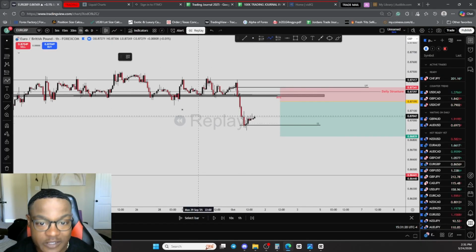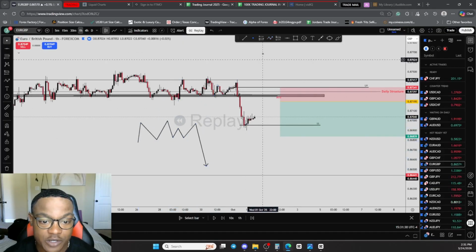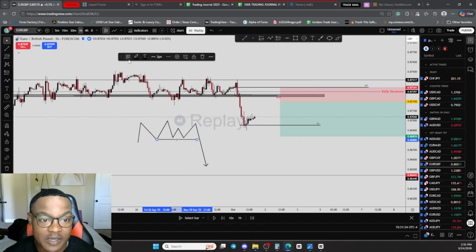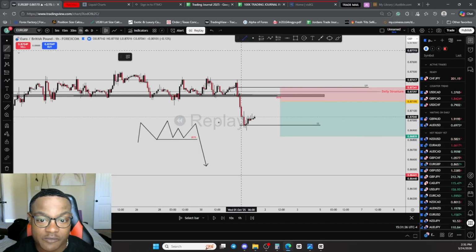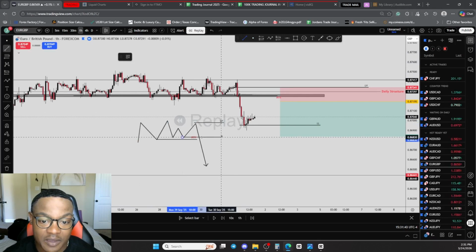And how do we find our area of interest? Well, we just look for the last break of structure. As we're drawing out structure, we see what? We see that price went from a bullish to bearish trend, right? We see that the break of structure happened to be here on the 1 hour time frame. We have that lower high being here, and we have our last structure break being here.